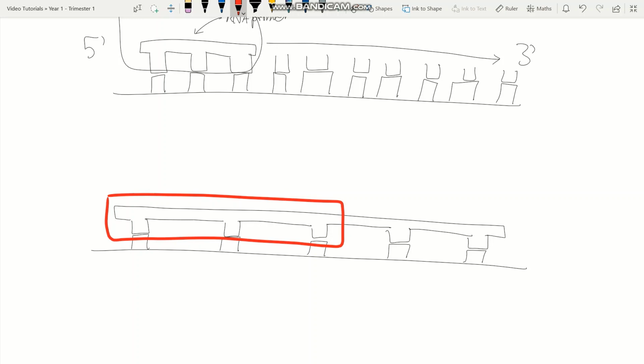So there's a special enzyme called DNA polymerase 1. And this enzyme is able to replace this RNA sequence with an appropriate DNA sequence. So essentially, the new DNA strand is now complete.